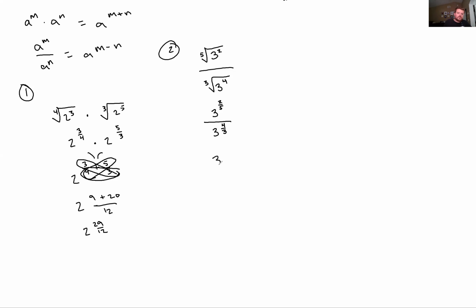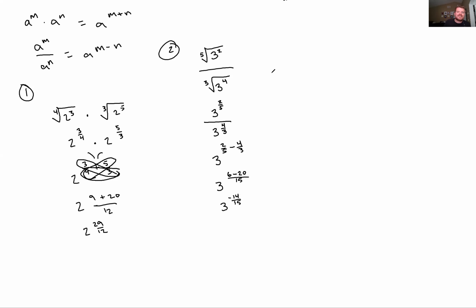So we have 3, and we're doing 2/5 minus 4/3. Same thing, you can use the least common denominator, or you can use the butterfly method. So this is going to be 2 times 3 minus 5 times 4 over 5 times 3. So 6 minus 20, I get negative 14 over 15, like so.